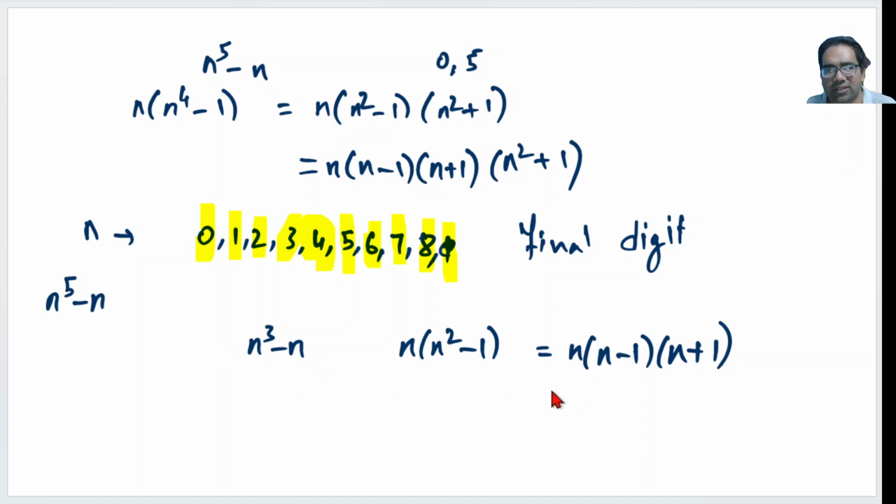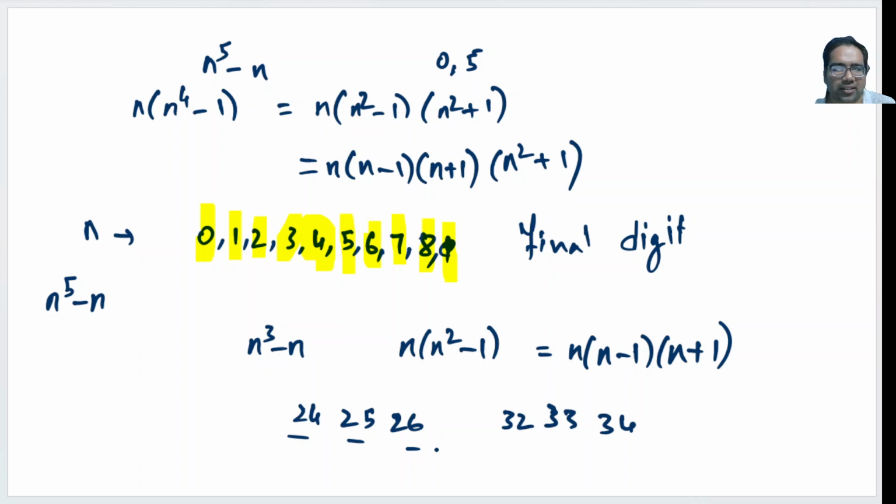Why? Because it will create three consecutive numbers: n minus 1, n, and n plus 1. For example, it will create 24, 25, 26. If n is 25, then we'll have 24 and 26. If n is 33, we'll have 32 and 34, whatever.